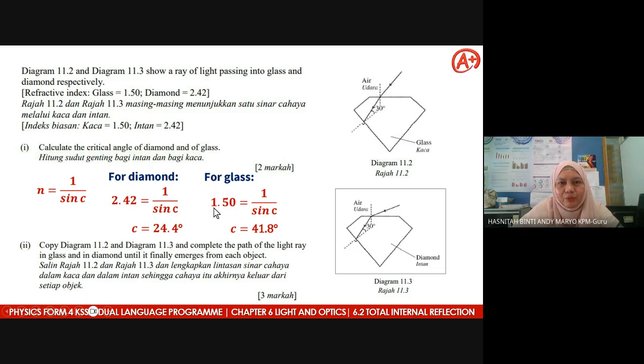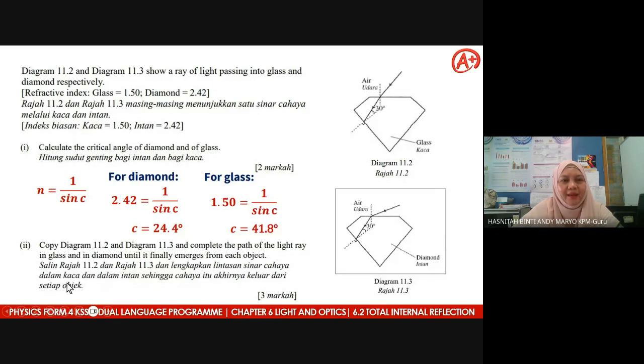For glass, it is 1.5, which means the critical angle for diamond is 24.4, and for glass 41.8 degrees. So here you can see that when the refractive index is higher, the critical angle will be lower. Okay, critical angle higher, refractive index lower.